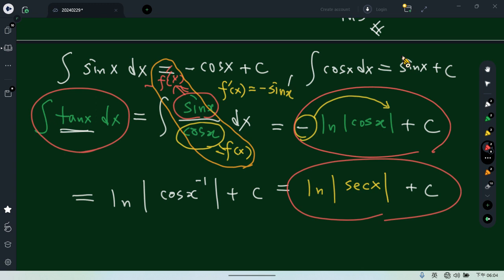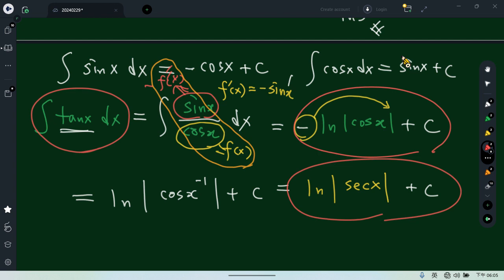This is about tangent x. So we already know how to integrate sine x and cosine x. Right now we have the introduction of ln x. We can also know that when we calculate the integral of tangent x, we can get the result.